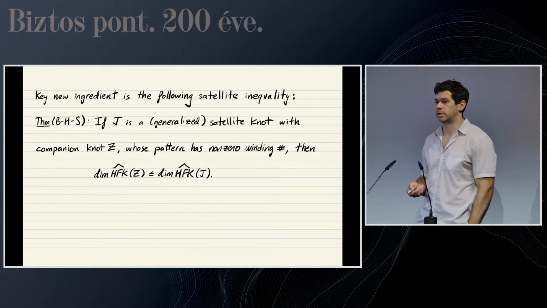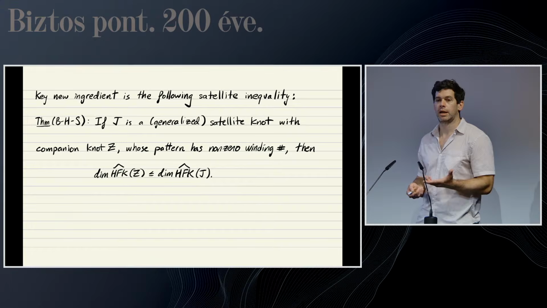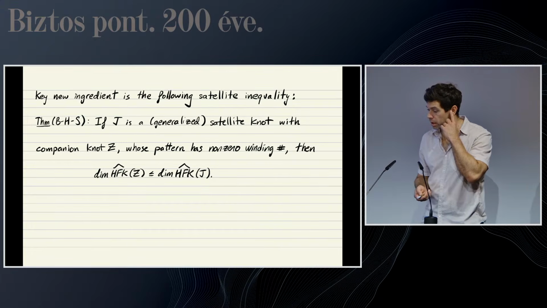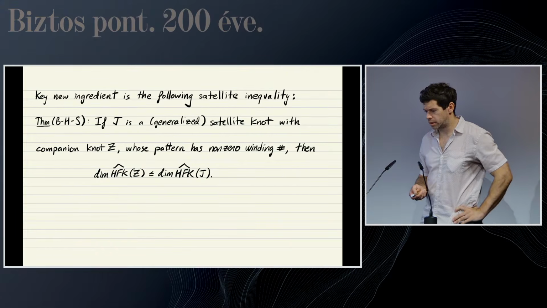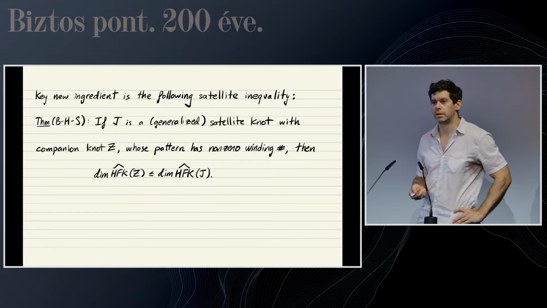So you might expect this. I mean, in some sense, the companion is like a simpler knot than the satellite knot itself. So you'd kind of expect this inequality. But I think this was only really known for maybe satellite knots with 1-1 patterns or something like that before.